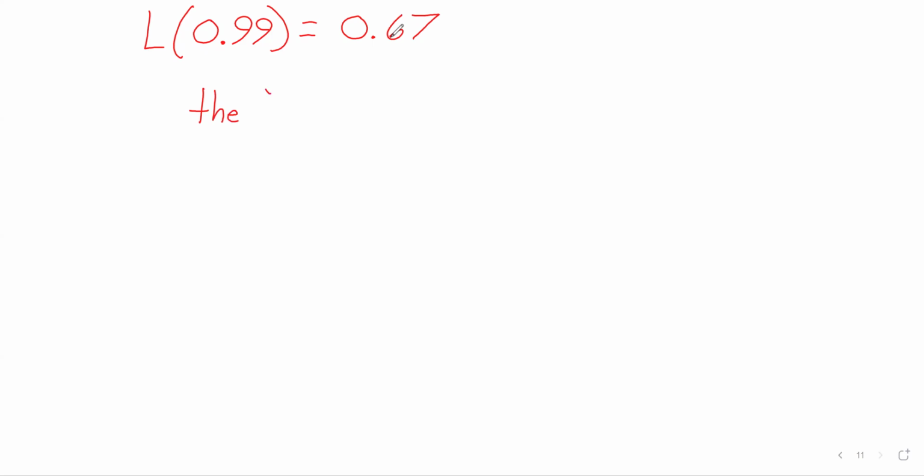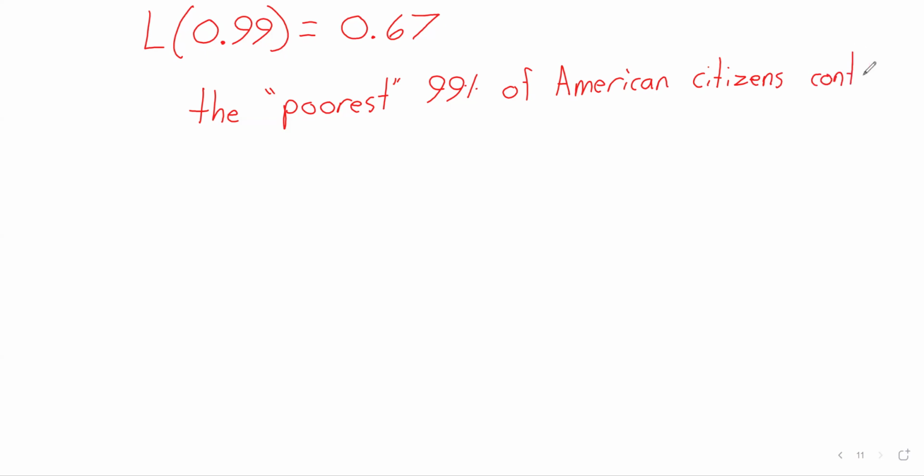So the poorest 99% of American citizens control about 67% of America's wealth.